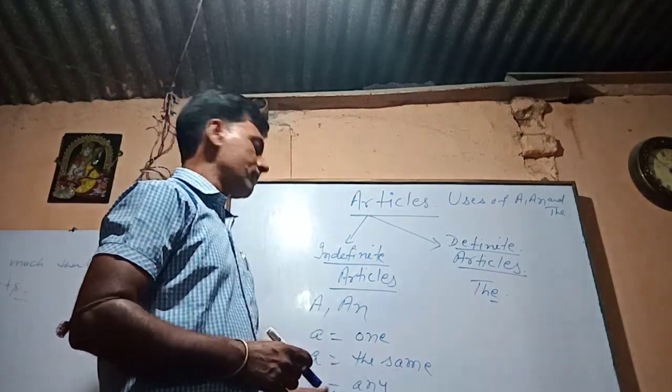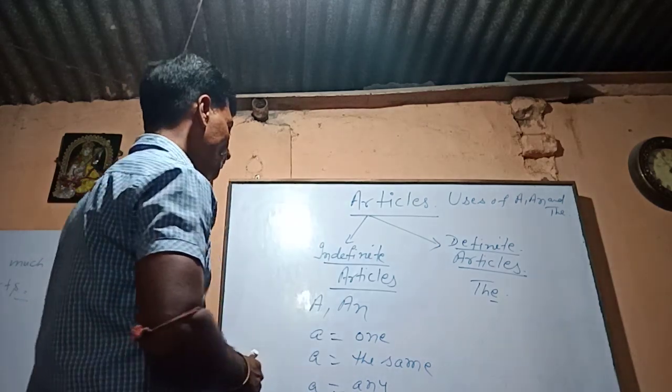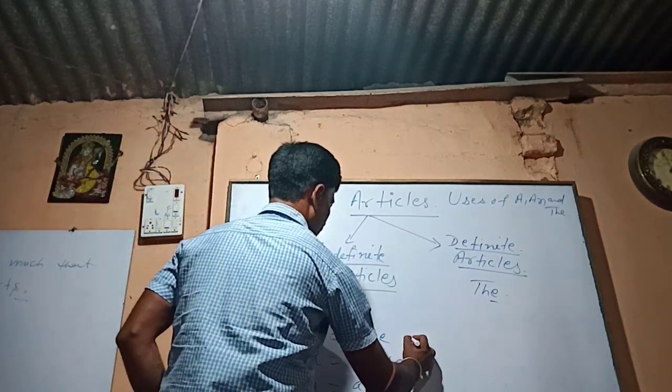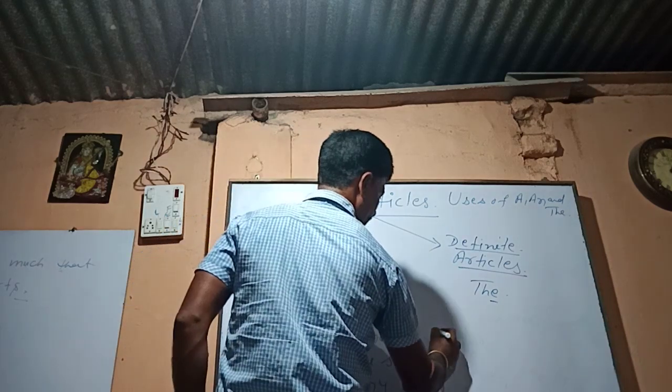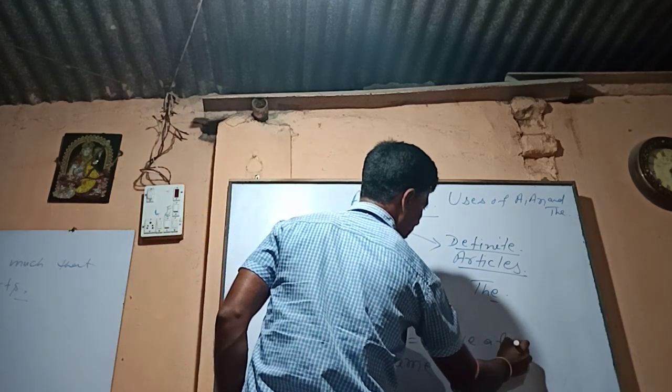We can have separate sentences on different meanings of A or an. For this A, I can say I have a friend.